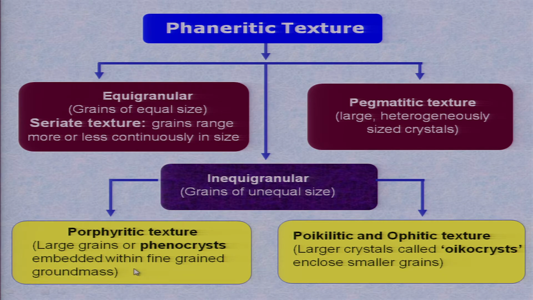The fine grained groundmass is chiefly composed of microphenocrysts. So, this texture is called porphyritic texture. The other variety of inequigranular texture is poikilitic texture, and ophitic texture is defined as a larger crystal called an oikocryst, which encloses smaller size crystals or grains.